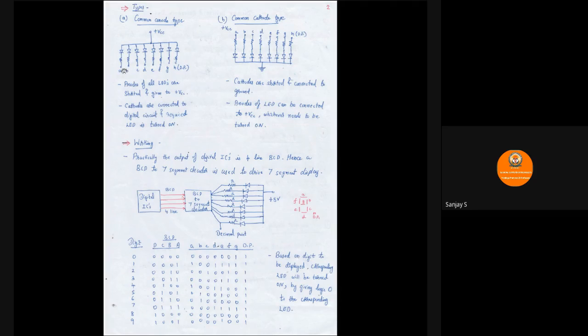Cathode, depending upon the required segment to be displayed, will be connected to the negative, such that whenever the LED has to be forward biased, cathode is connected to the negative, and plus VCC is connected to anode.